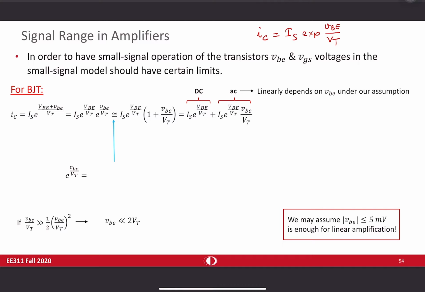There's one important thing in here. Please take a look at the notation. This is both DC and AC. This is as well both DC and AC. So this expression is valid for both AC and DC. This is a very general expression. In the previous slides, I used ICS instead of IS in here, but they are the same, so don't worry about them.